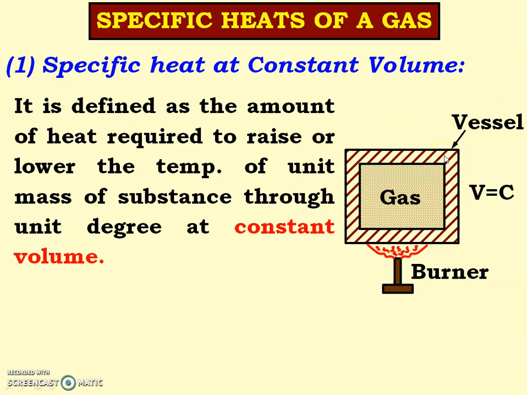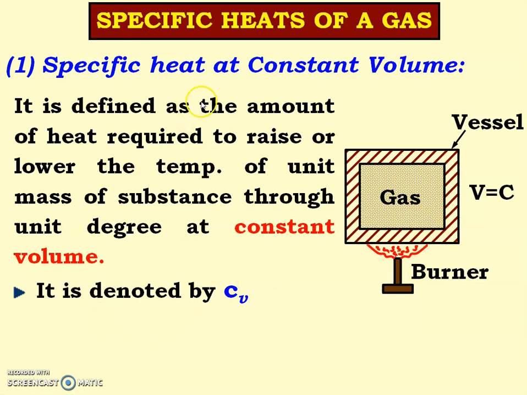So the volume of gas will not increase, but the temperature of gas will increase. Now if the volume of gas doesn't increase, it means what? If you remember, the definition of work done is equal to pressure multiplied by final volume minus initial volume. But in this case, volume remains constant, and due to that, work done is 0 during this constant volume process.